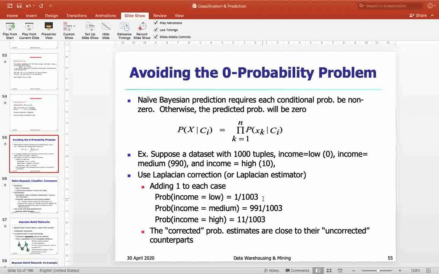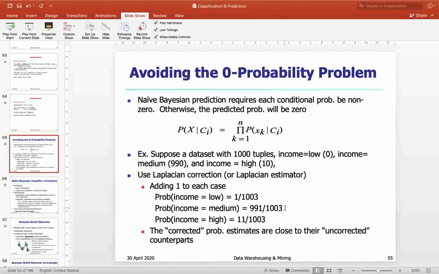For medium, before it was 990 by 1,000, which is 0.99, before this Laplacian correction. But now this is 990 plus 1, divided by 1,000 plus 3, so 991 by 1,003. Now the value is 0.988.